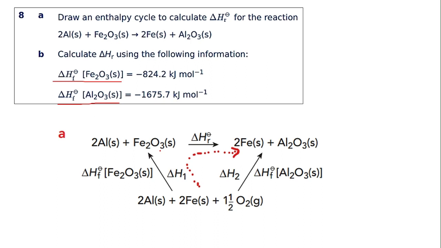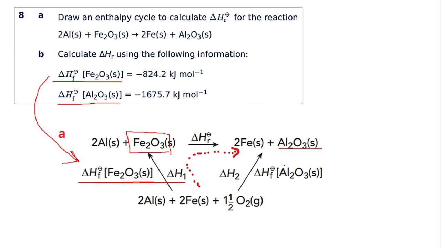So if you see in the reactant we have Fe2O3. It means the elements are combining and making Fe2O3. So this delta H1 here is actually delta H formation of Fe2O3. Elements are making Fe2O3, so this value of delta H formation of Fe2O3 we can write in place of delta H1.